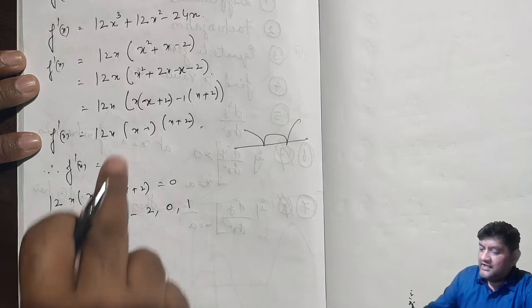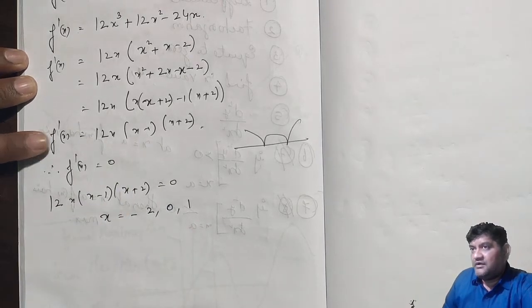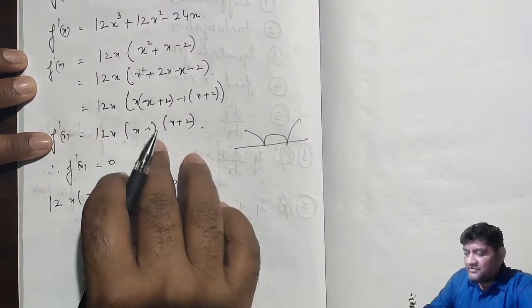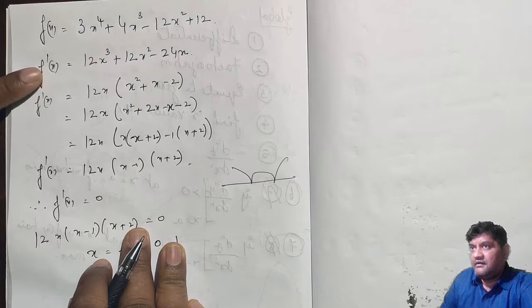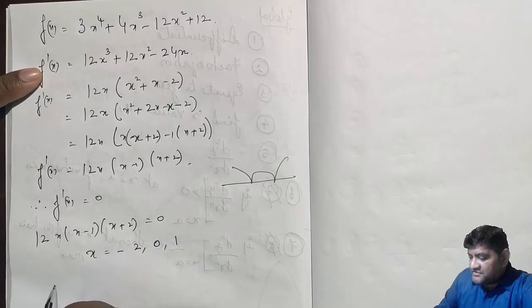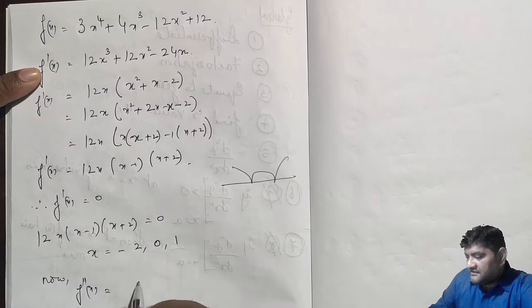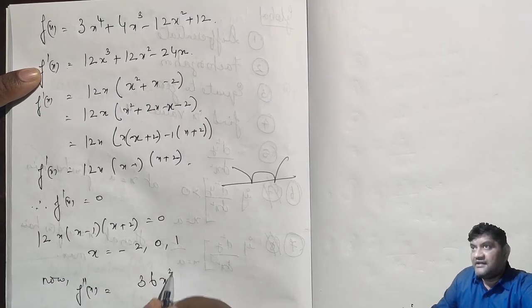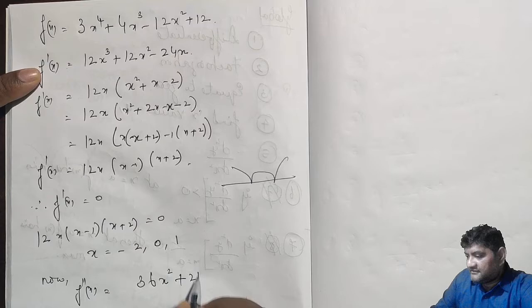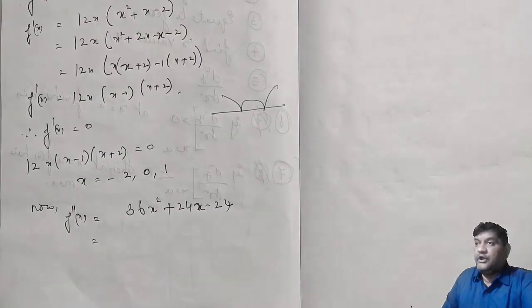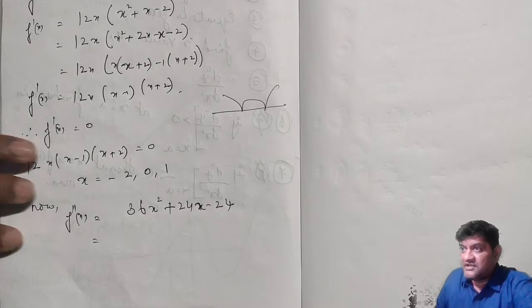What next? We double differentiate the curve. Do not use this because it has 3 functions, so it will be a bit cumbersome. Use this. So when I double differentiate, I get 36x square plus 24x minus 24. Again, for all of these, you need to be thorough with your differentiation.